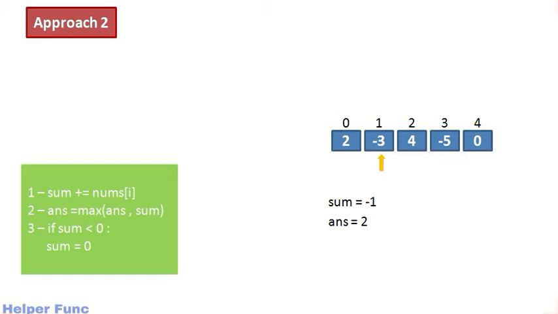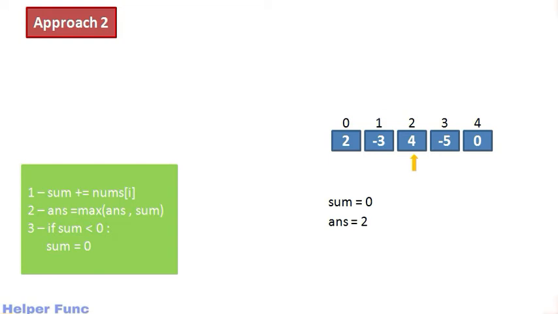Answer will remain the same as it is already greater than sum. But because sum is lesser than 0, condition number 3 will be applicable and sum will become 0. Now this means that the sum of this segment is minus 1, and thus for the next indices, it is better to start with 0 rather than minus 1. Thus whenever our sum becomes negative, we will ignore all the previous elements and start fresh.